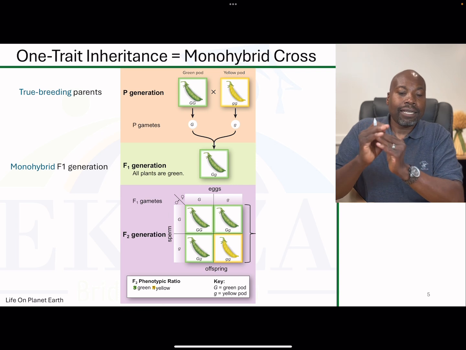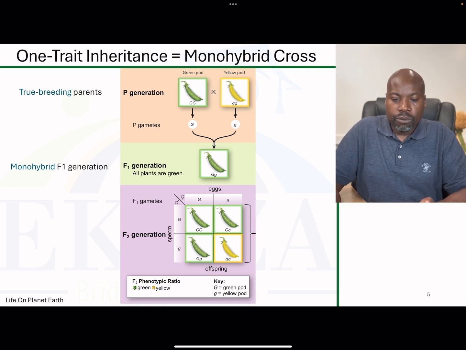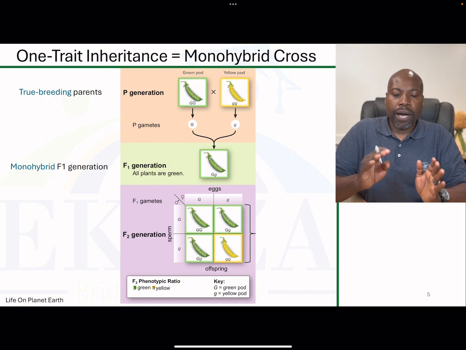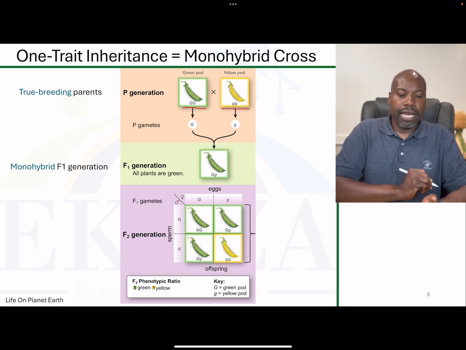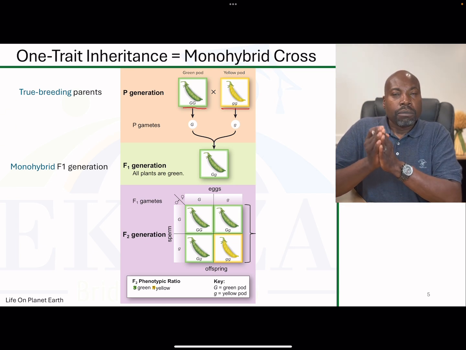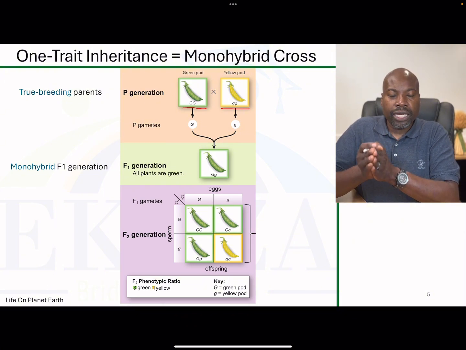Just looking at that would constitute one trait. Now, in this very example, we are going to take a look at the color of the pods, right? Some pods are green, others are yellow. Now, Mendel always started his breeding with what we call true breeding.